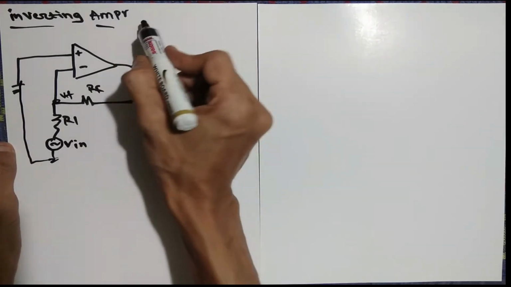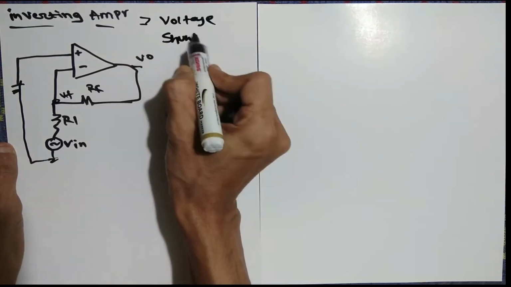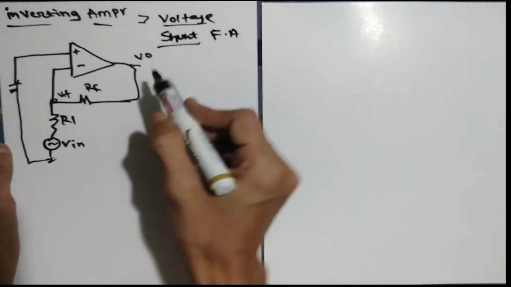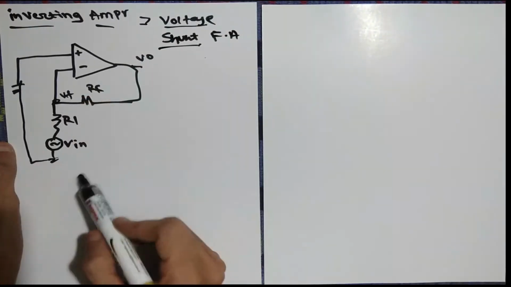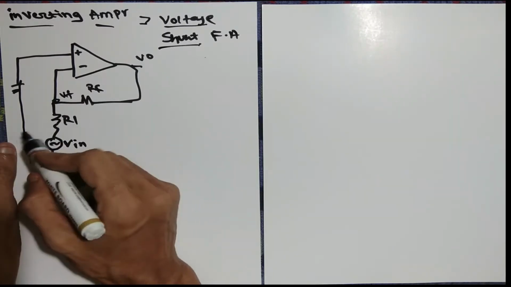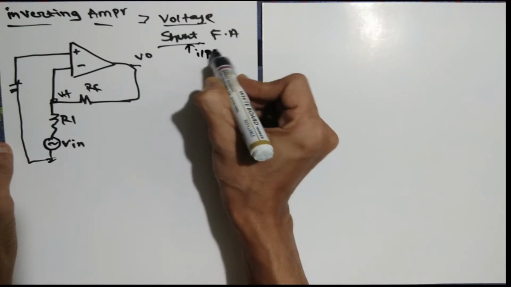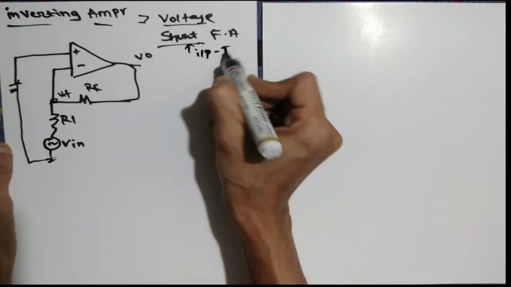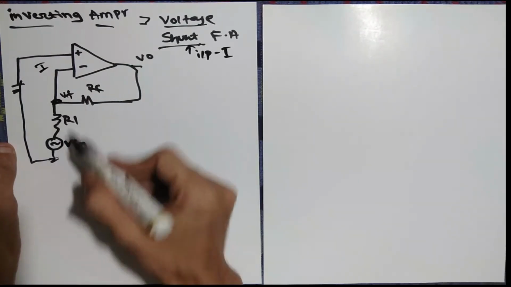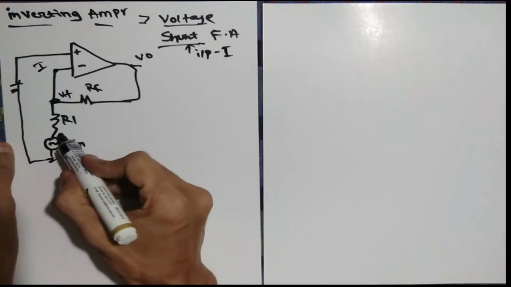So the inverting amplifier is also called a voltage shunt feedback amplifier. Why is it voltage shunt? Because the input is connected in parallel. Already you know how it is connected, parallel or series. If it is parallel, we usually call it a shunt, so on the input side it is current. We are talking about this in current format, because here there are two voltages, VF and Vin, both connected to the negative terminal, because this is positive here.